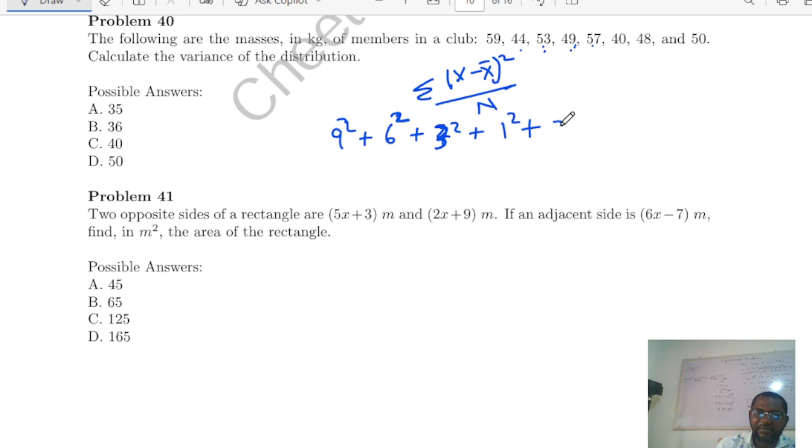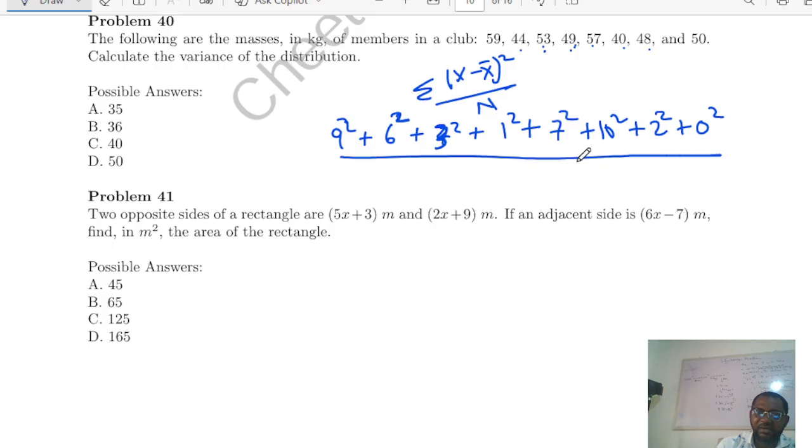This one is 7 squared. This one is 10 squared, that's for 40 minus 50. This one is 2 squared, because 50 minus 48 is 2. 2 squared, and this is 0 squared. Everything is all over the same value, which is 8.